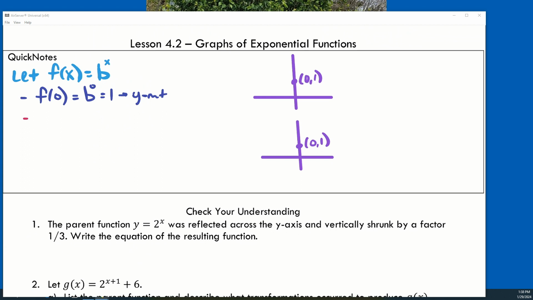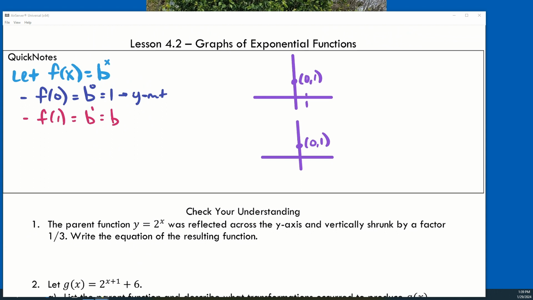All right, let's say we put in 1 for x. Find f of 1. What should that be? Should just be b. Yeah, should be whatever b is. Oh, sorry, that's wrong. That should be 1.